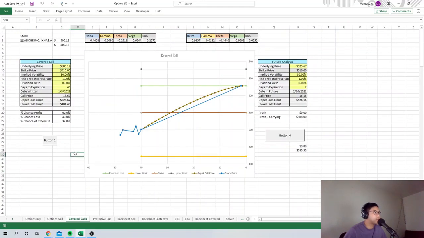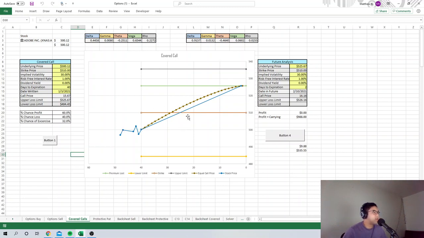Covered calls. So covered calls are when you write a call. You own 100 shares of, let's say, whatever company, and you write a call for the 100 shares that you own. So you're going to give someone the right to buy your 100 shares at a certain price in the future. Usually it's above the price that it's at right now.